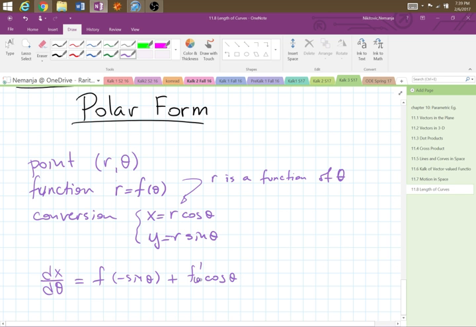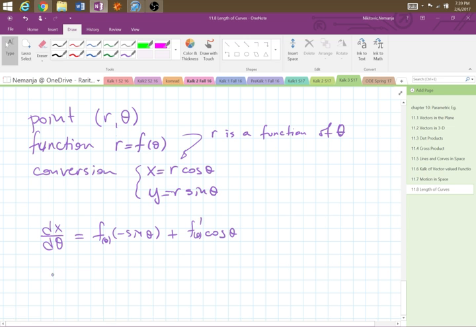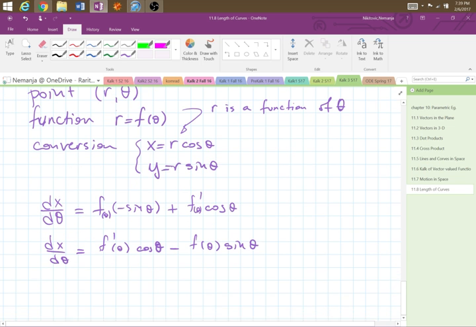So this is all theta, these f's. So we have that dx d theta is f prime of theta cosine theta minus f of theta sine theta. So we are able to develop the first formula for dx.